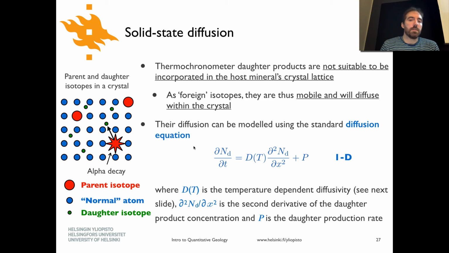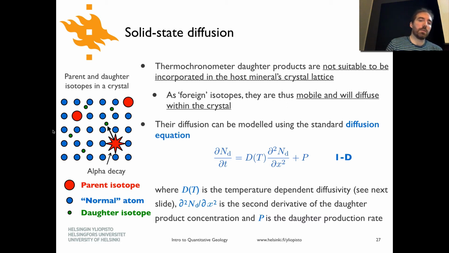And what happens is normally with these isotopes that are produced for thermochronometers is they're things that don't go into the crystal lattice nicely. So typical, I gave one example already of helium in apatite or zircon, but argon is also another element. These noble gases don't find nice places in the crystal lattice.